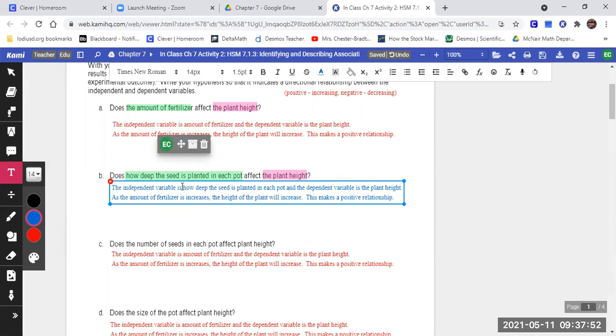Now we're going to just copy and paste this phrase, how deep the seed is planted in each pot. I don't want to have to keep typing that. It's going to go down here.